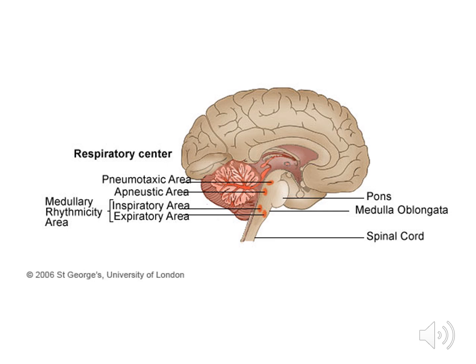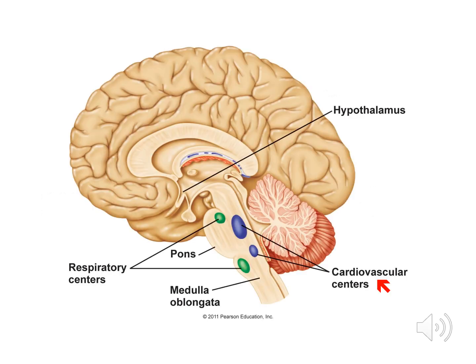But remember, the brainstem also contains some really important respiratory centers. There in your pons and medulla, we have respiratory centers that help regulate breathing. And remember, we said that if you damage the respiratory centers in your brainstem, then you're going to see people with very irregular, very abnormal breathing patterns. Also remember that there are some very important cardiovascular control centers that are located in the medulla part of your brainstem.